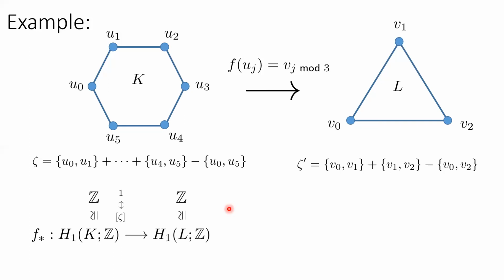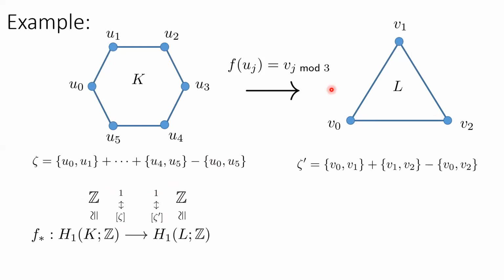And the idea is that we're letting, for example, here in K, zeta correspond to the number 1, saying that I go around zeta 1 time. And then in the codomain, I have zeta prime identified with 1, again saying that I go around zeta prime 1 time.